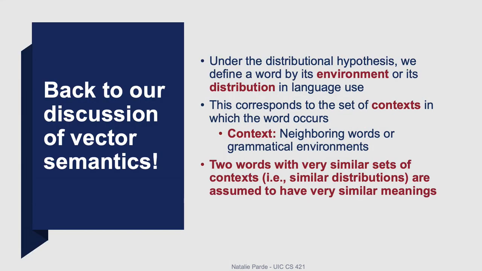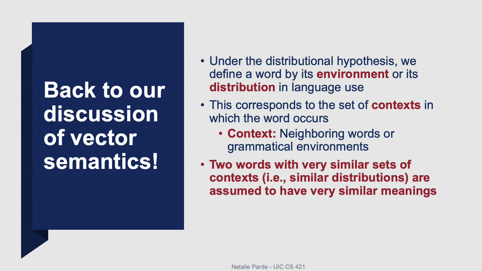Bag of words representations are a somewhat rudimentary implementation of vector semantics. We saw in the introductory text that vector semantics follows the distributional hypothesis, which states that a word is defined by its environment or its distribution in language use. In natural language processing, we define environment as the set of contexts, or neighboring words or grammatical constructs, in which a word occurs.